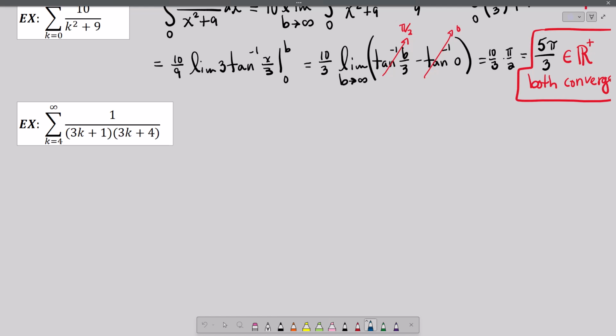So let's go ahead and PFD this summand. We're going to take our factored product in the denominator and write this as two fractions, with constant numerators.